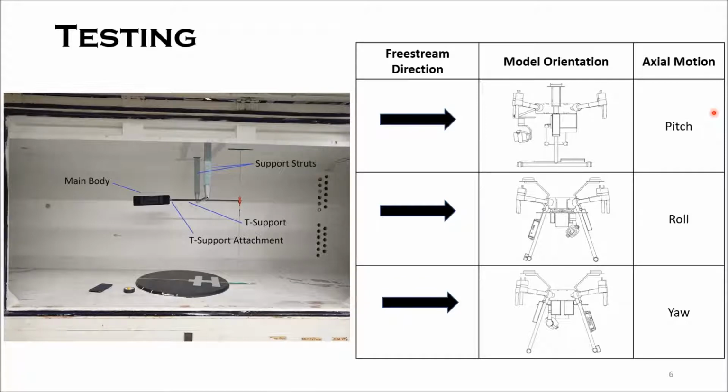That is, the longitudinal axis of the model and the free stream direction are parallel. Of course, the change in angle of attack for the model in this orientation represents change in pitch. Rotating the model counterclockwise by 90 degrees represents roll, and rotating the model clockwise from the pitch condition represents yaw.